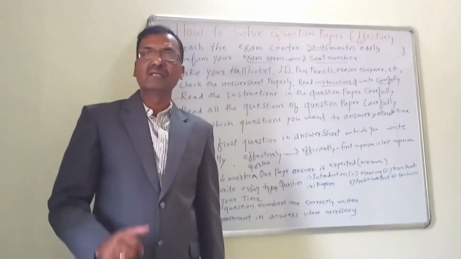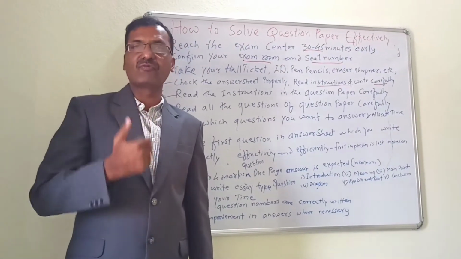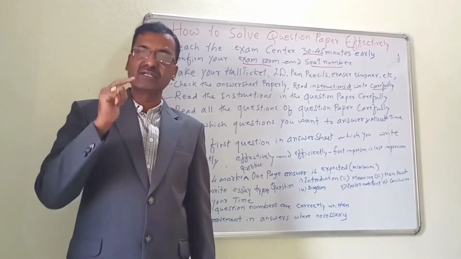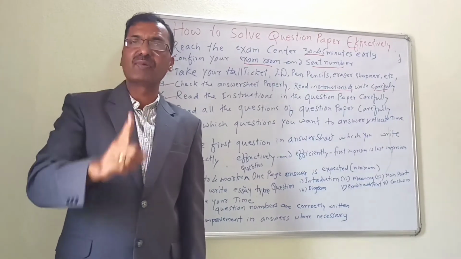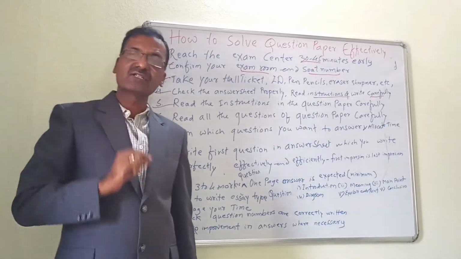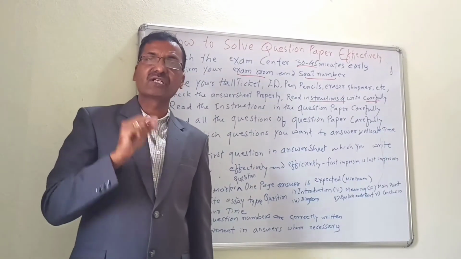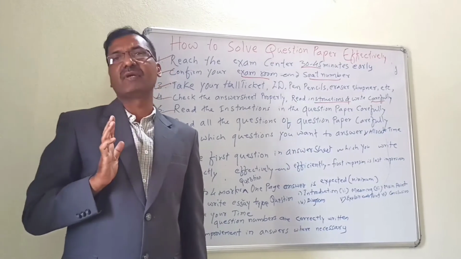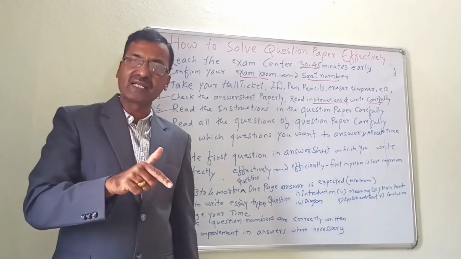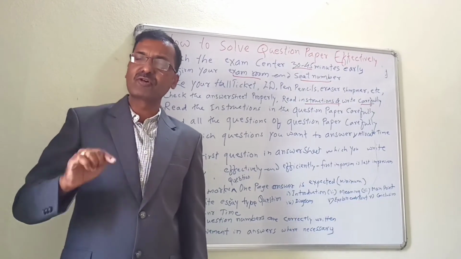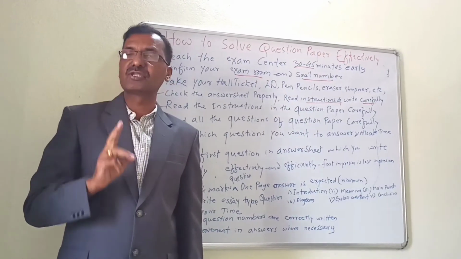Take an example. One instruction: question number 1 is compulsory. It means that you have to compulsorily attempt that particular question, otherwise you will lose the marks. Second instruction, it may be that answer any 3 questions from the remaining 4. It means that out of question numbers 2, 3, 4 and 5, you have to answer 3 questions.